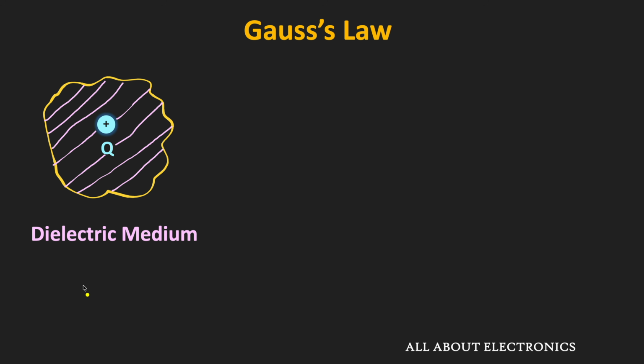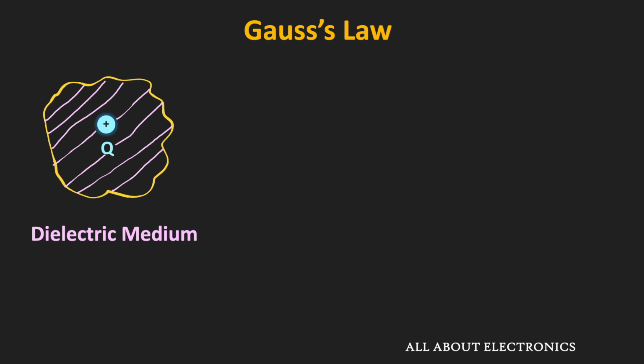That means suppose we put the same free charge in the vacuum or in the free space, then the electric field that is observed at some point r will be more than the same in the dielectric medium. So we can say that in the dielectric medium, due to these bound charges, the effective electric field reduces.